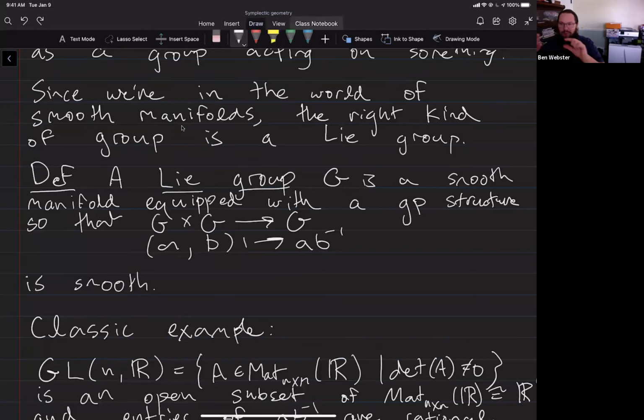So this lets you say in one map that both multiplication and inverse are smooth. You can work out from this that inverse must be smooth, and so you can compose this with inverse to get the multiplication. This is just one of these things that makes us feel more clever. We can take a group in some category. Usually you want one where inverse multiplication is a morphism in that category.